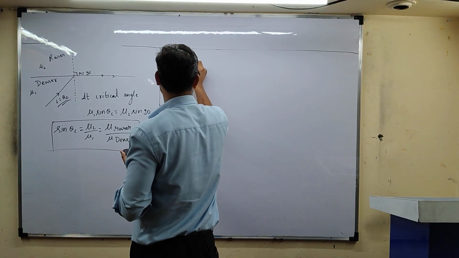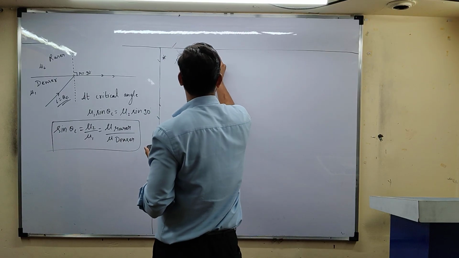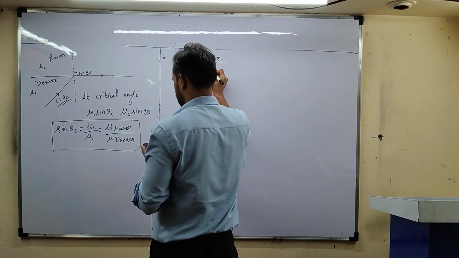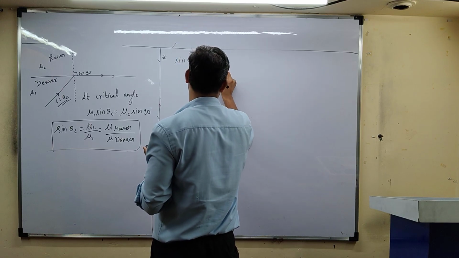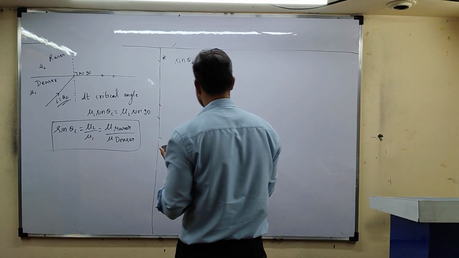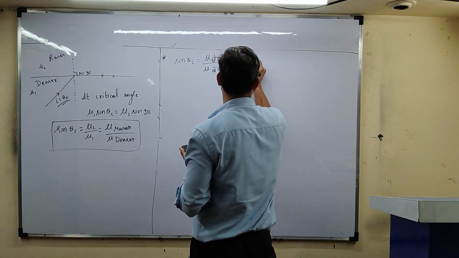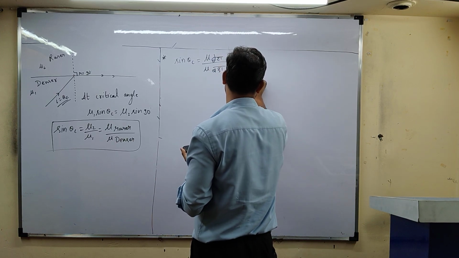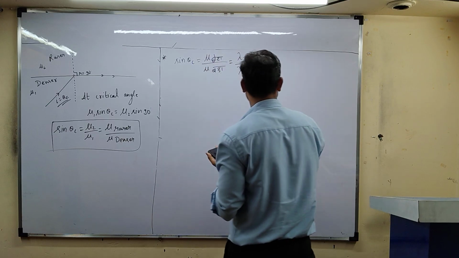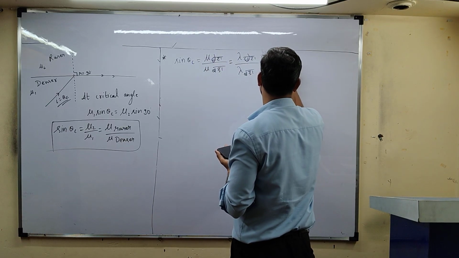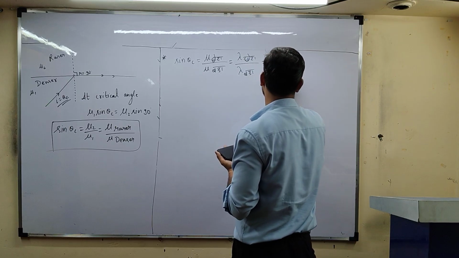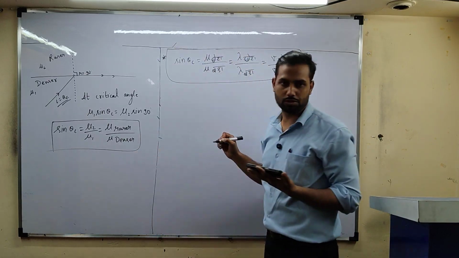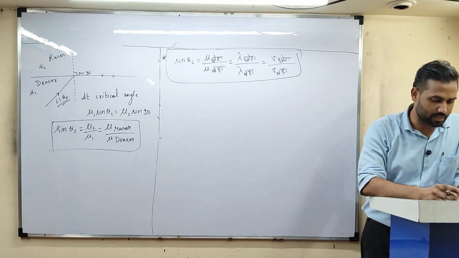Sine theta c, critical angle, is equal to mu chota upon mu bada, that is equal to lambda chota upon lambda bada, which is equal to v chota upon v bada, velocity. You can use this also in some scenario.